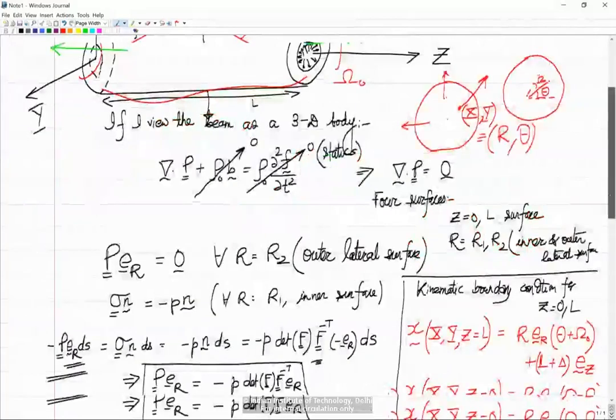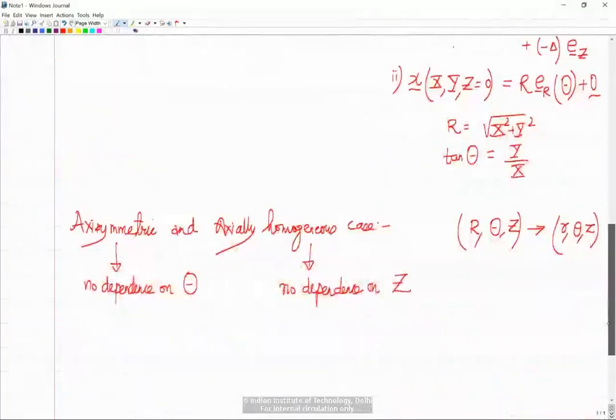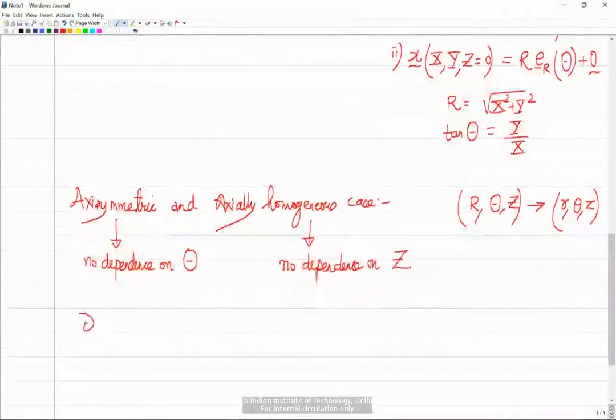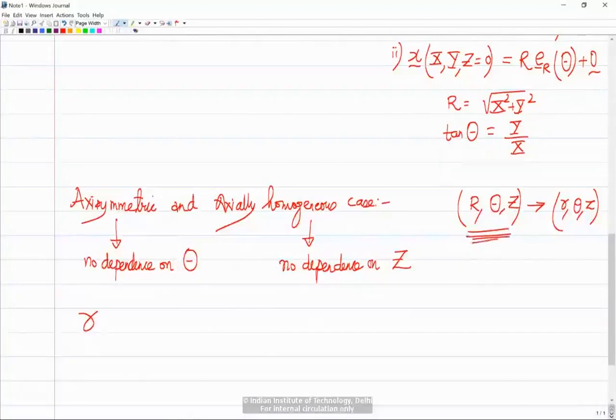If it's axisymmetric, what can you say about small r? Small r is the deformed radial position of a point which was originally at big R, big theta, big Z. In general it will be a function of all three: big R, big theta, as well as big Z. But now with axisymmetry, what do you think?